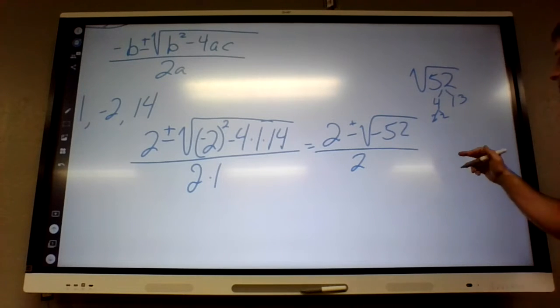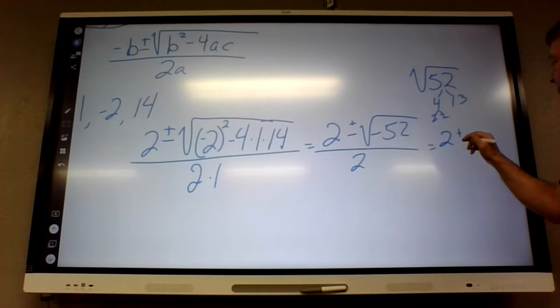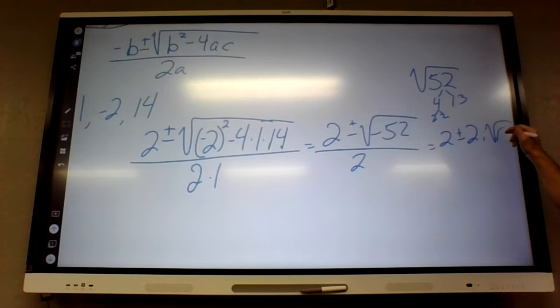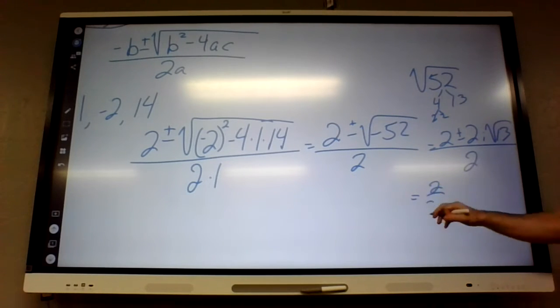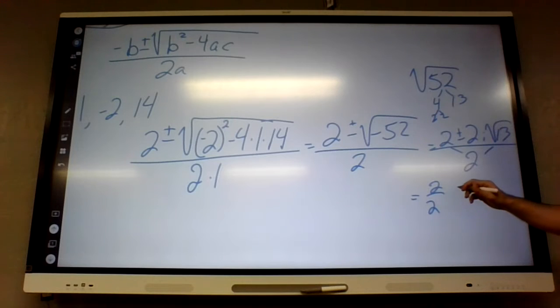So it's 2 plus or minus 2I square root of 13 all over 2, and I want you guys to split those up if it's imaginary. So both of those are divided by 2. So it's 2 over 2 plus or minus, I'll put the I down at the bottom, 2 square root of 13 over 2.